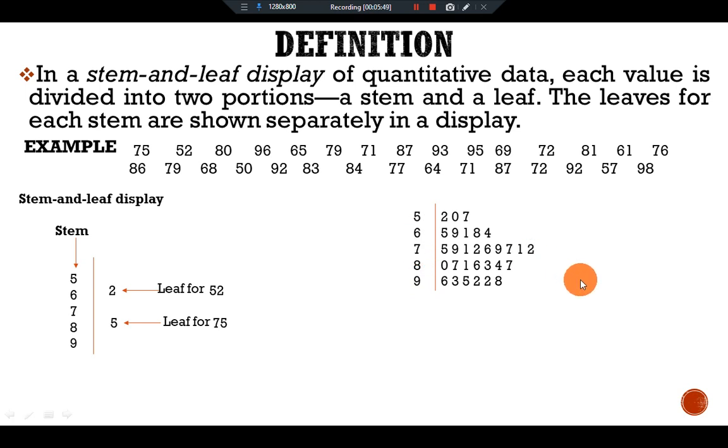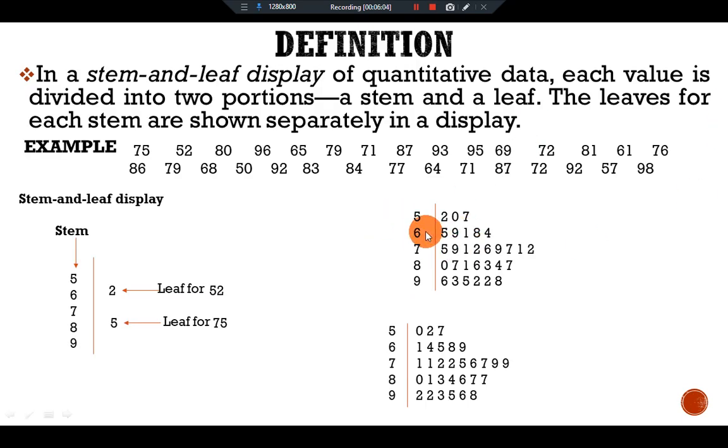The leaves for each stem of the stem and leaf display can be ranked in increasing or decreasing order. Previously, when we were getting the information from the raw data into the stem and leaf display, we made the arrangement as it is.